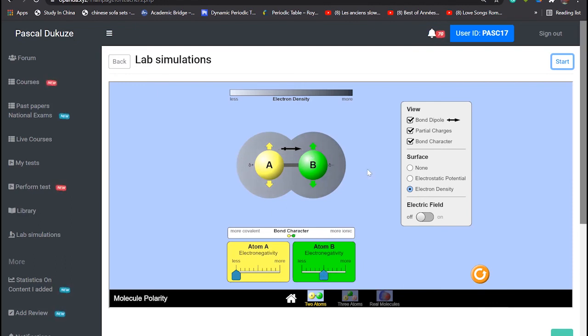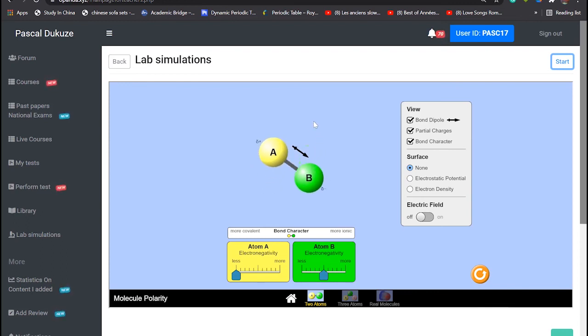The arrows you are seeing here, let's remove this. These arrows you are seeing here show that you can slide. You hold your left button of the mouse, you hold it down, and you can slide the mouse so it can move. But however you slide or you move your molecule, the polarity will not change.